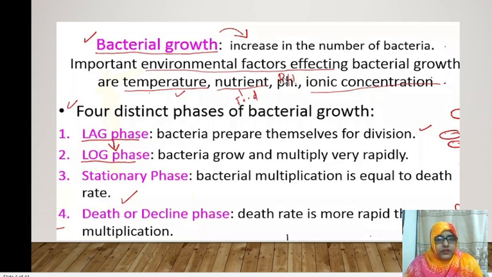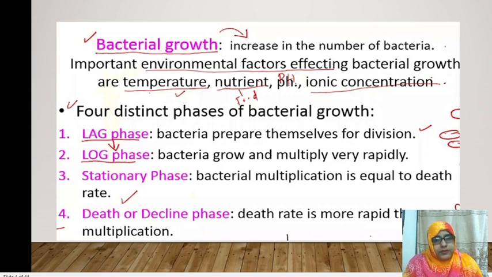Important environmental factors affecting bacterial growth are temperature, nutrients, means food, pH, means acidic environment or basic environment, and the concentration of ions, means positive ions or negative ions, which disrupt the process of bacterial growth.